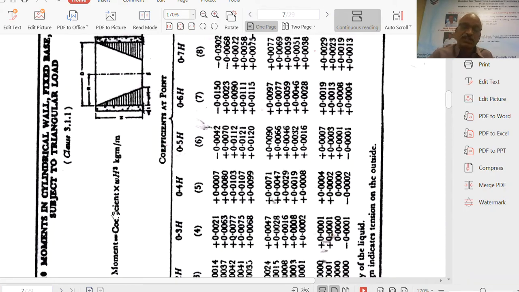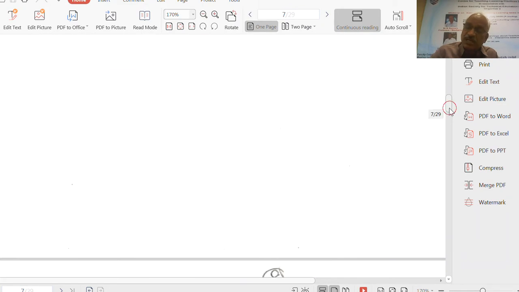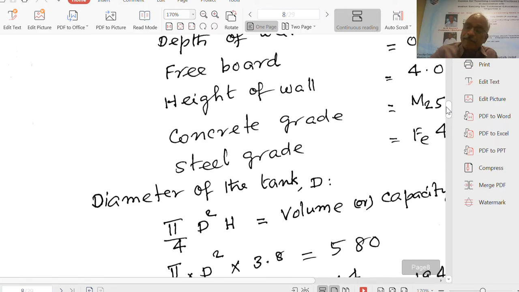This is for the calculation of moment. Similarly, tables are available for the calculation of tension and for shear force, shear at the base. One must be thorough with the availability and use of these tables. We are going to take coefficients from this and design.